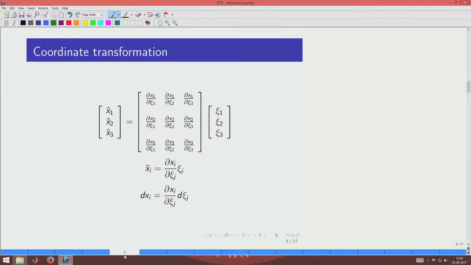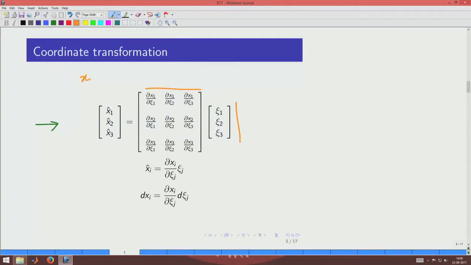Okay. So, the translation between these two sets of coordinates is given by an expression which we write the same way we wrote the coordinate transformation, where the variation of x 1 in the 3 directions is given, and the way we do it is like matrix multiplication. So, we write like this.